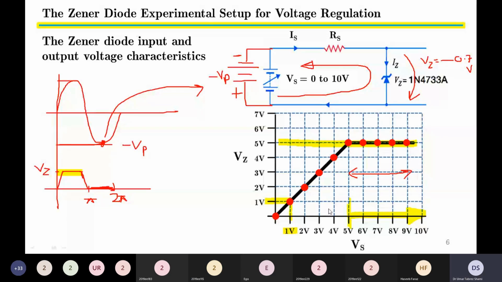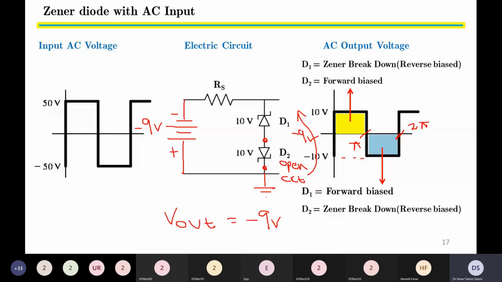So you are mentioning this graph, right? Yes, sir. This graph shows that as long as the input voltage is less than the Zener voltage, the output voltage will follow the input voltage because the current is zero. The same theory we are applying over here. That is, when the input voltage is less than the Zener voltage of D2, for example, we are giving minus 9 volt to the input.